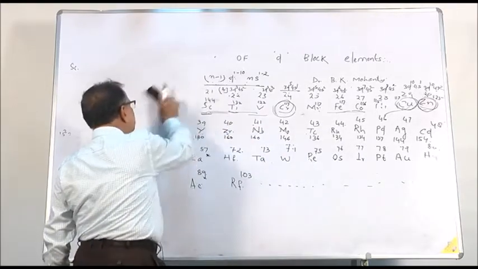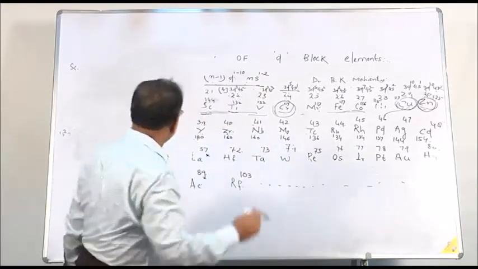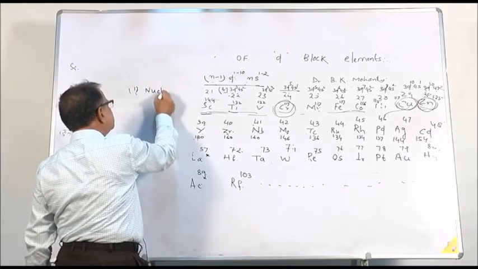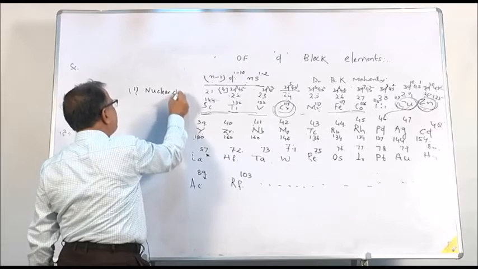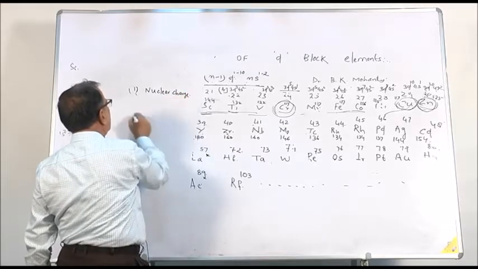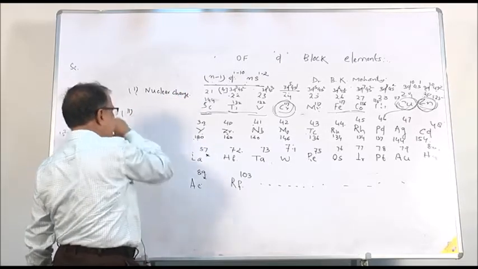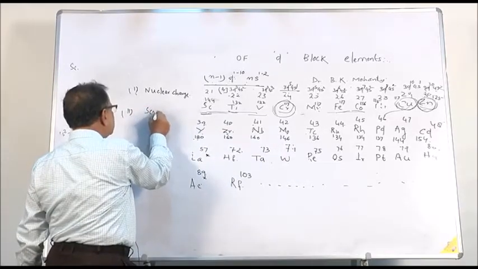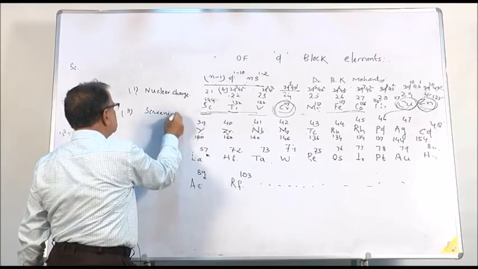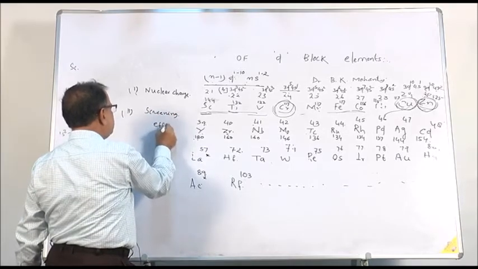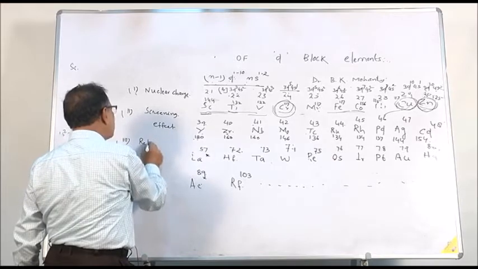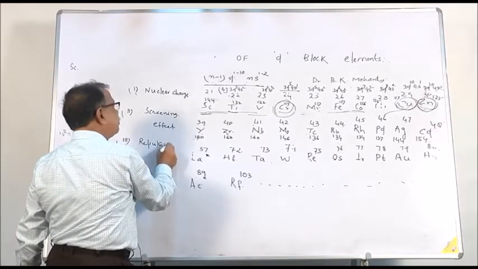It depends on three factors: nuclear charge, screening effect by d electrons, and repulsion between pairs of electrons.